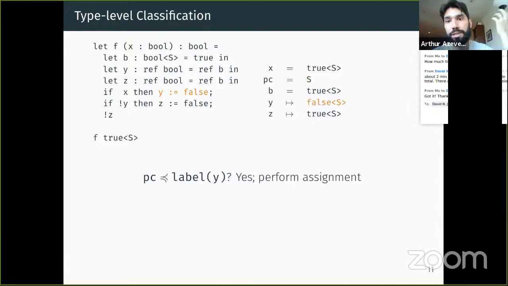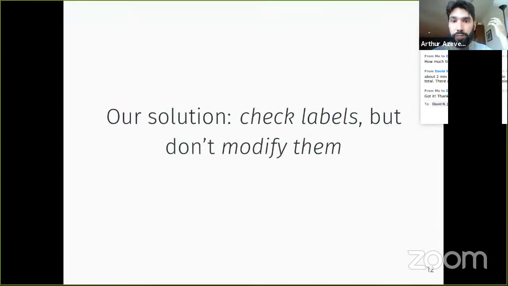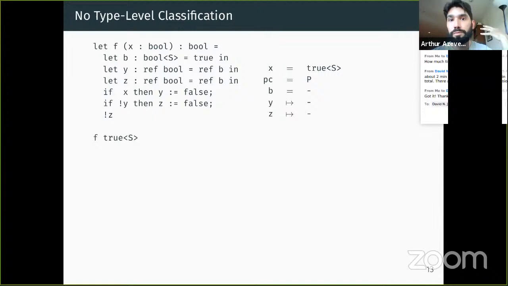So what we realized is that, well, actually, you can satisfy all the requirements of information flow control and the dynamic gradual guarantee simply by changing the checks that are associated with these static annotations.